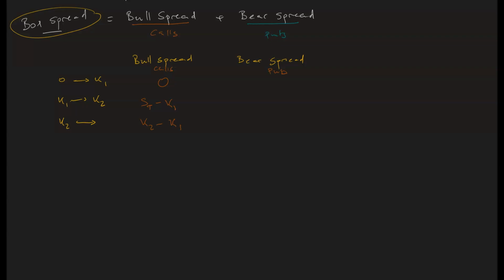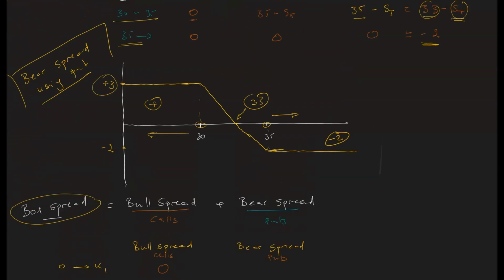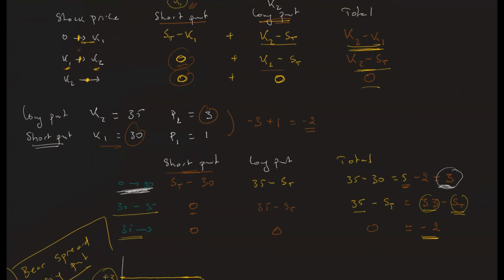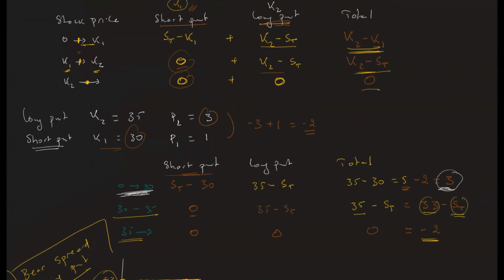Now our bear spread using put is what we just did, and the outcome of our bear spread using put is strike price 2 minus strike price 1, strike price 2 minus stock price, and 0.